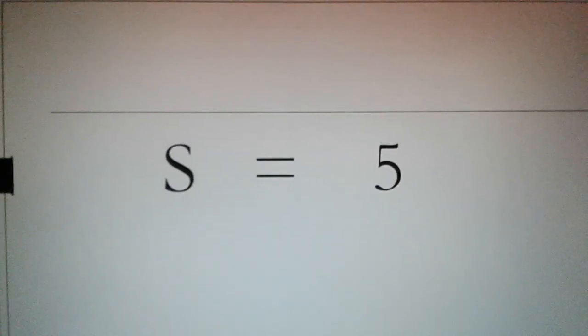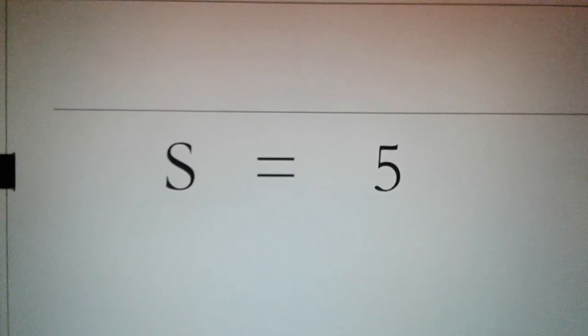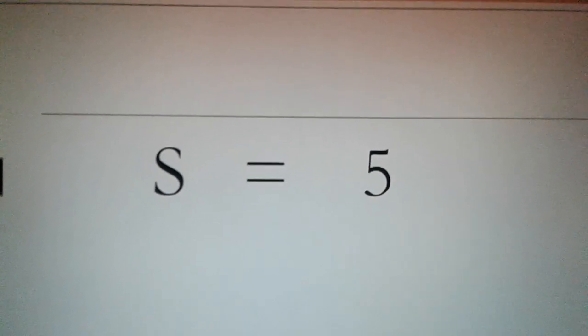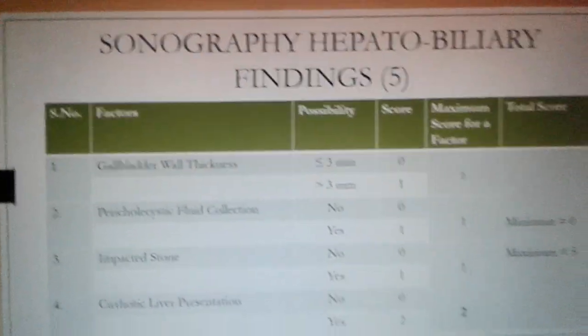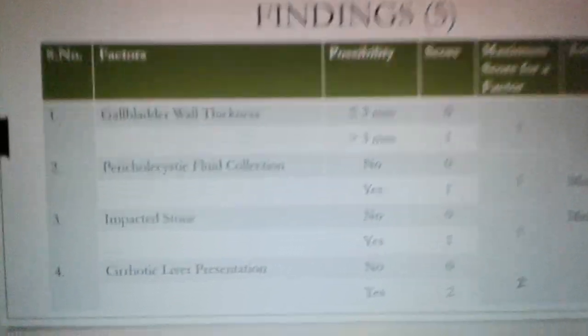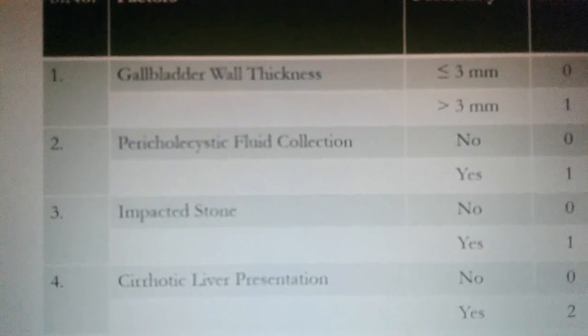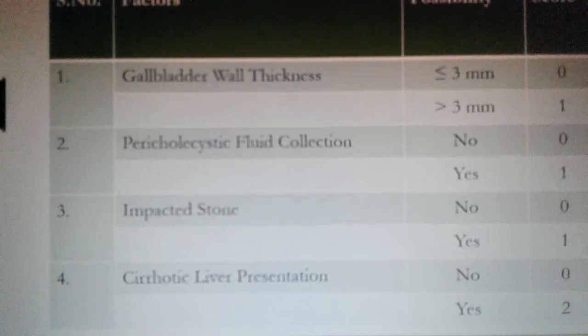Finally, the S, the fourth broad group, that is sonography of the hepatobiliary region. The maximum score possible is 5. And what are the factors? In sonography hepatobiliary findings, there are 4 broad groups. These are basically the findings given in the ultrasound abdomen related to the hepatobiliary region of a patient.